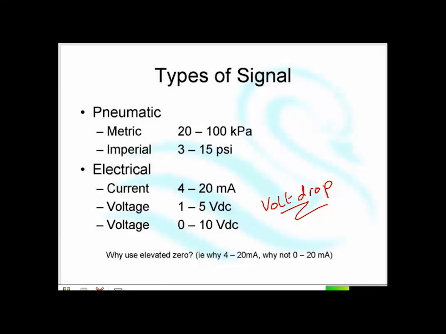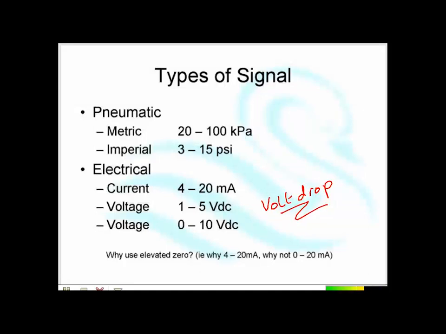To get round that problem, rather than sending voltage, what we send nowadays is milliamps. With milliamps, everywhere in the circuit you must have the same current because it's got nowhere else to go. So we use milliamps so that we don't suffer from the problem of volt drops.